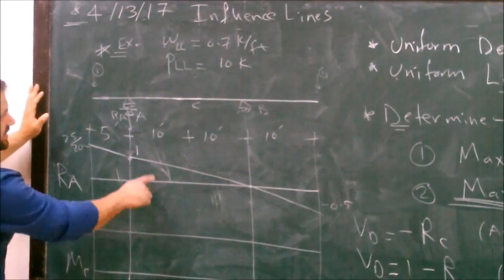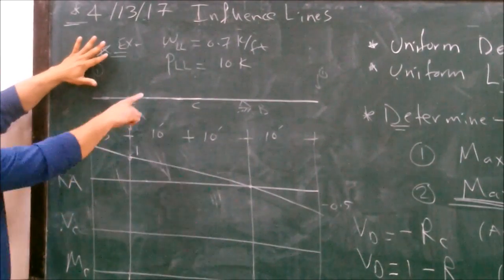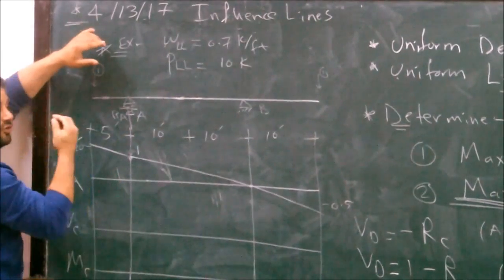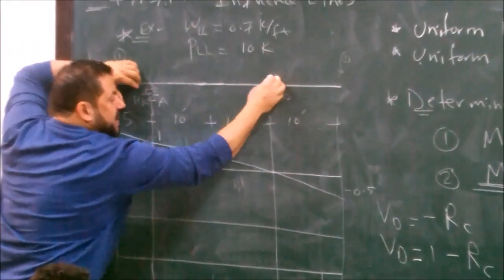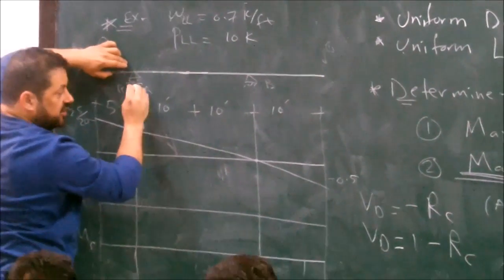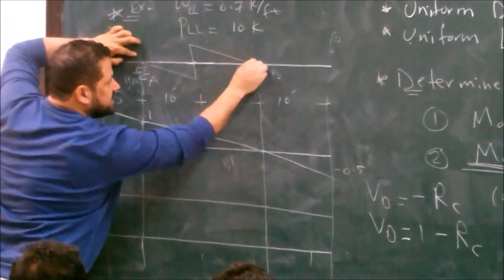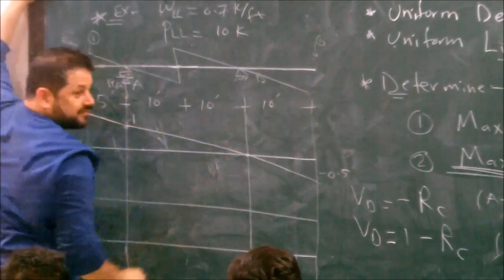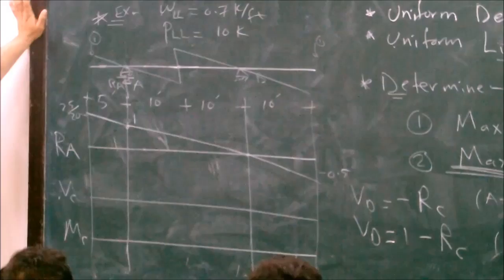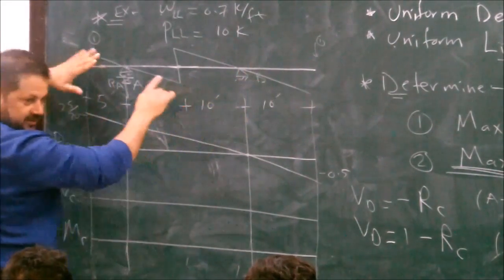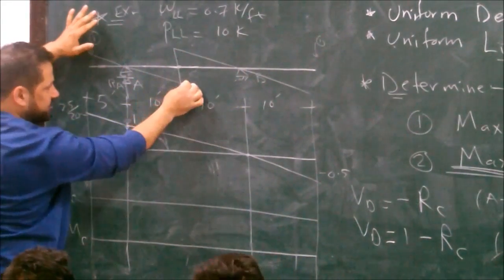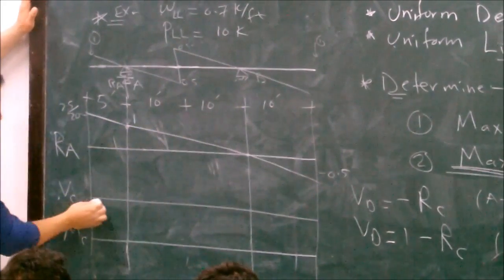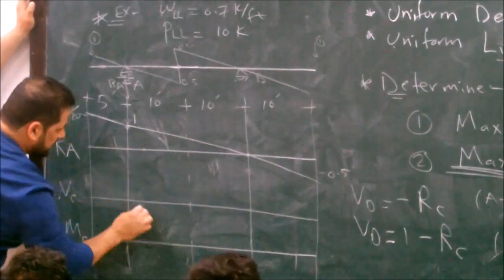Good. Now for VC. Any expectation? When you have a simply supported span like this, I told you it goes this way, and this is 0.5.